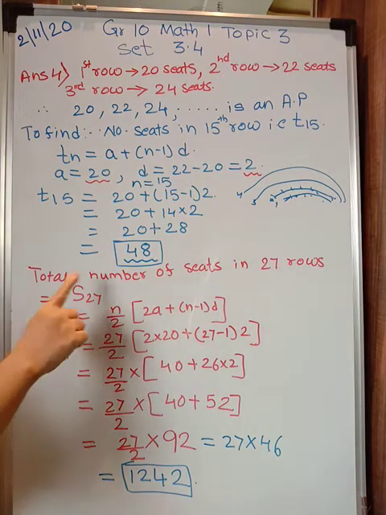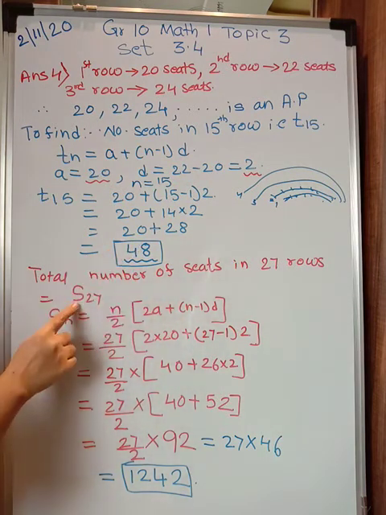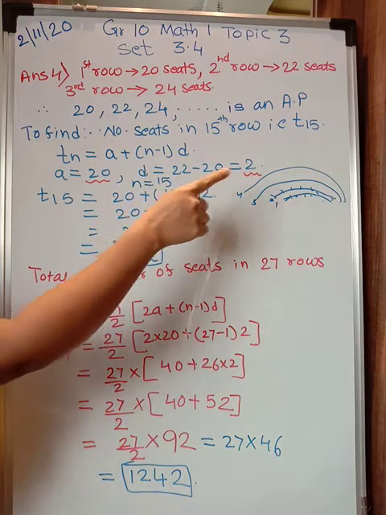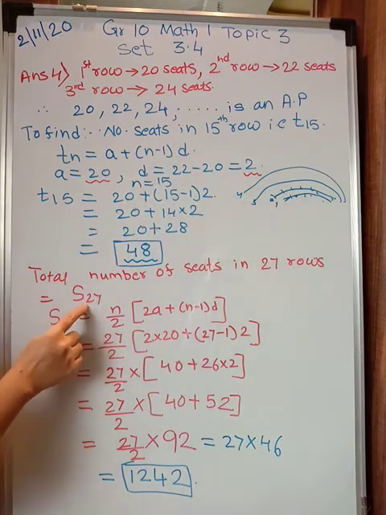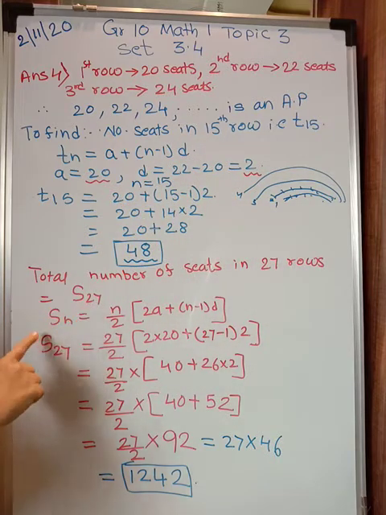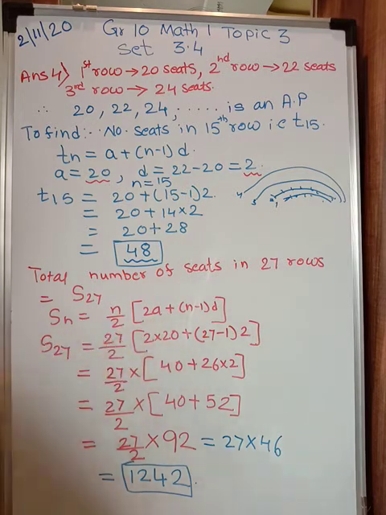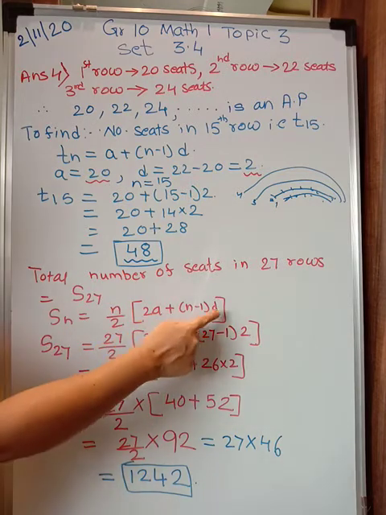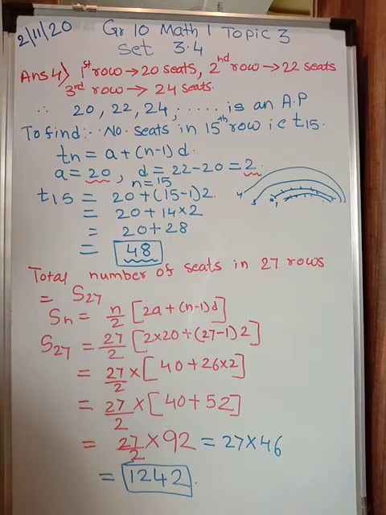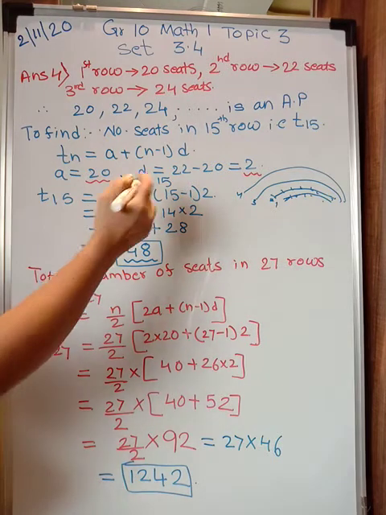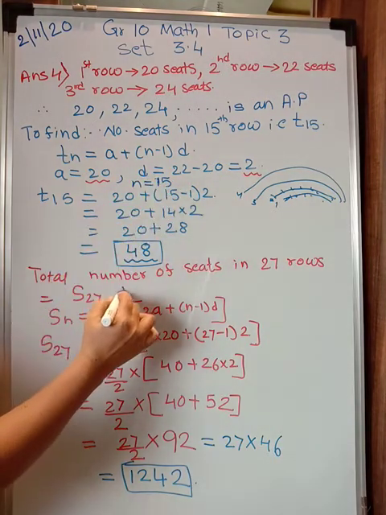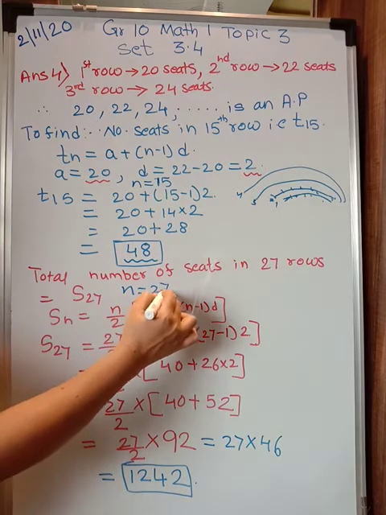Now, the total number of seats in 27 rows is nothing but S27, the sum of all the seats of all the rows till 27. So what is the formula? Sn is equal to n by 2, 2a plus (n minus 1) into d. a will be the same, d will be the same, n is going to change. In the previous case n was 15, now n is equal to 27.